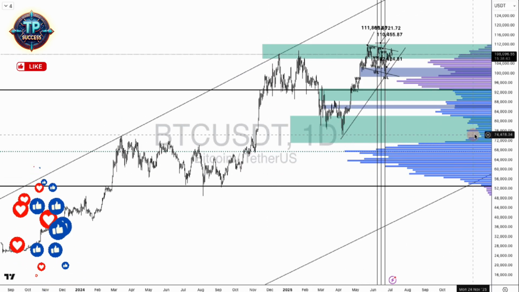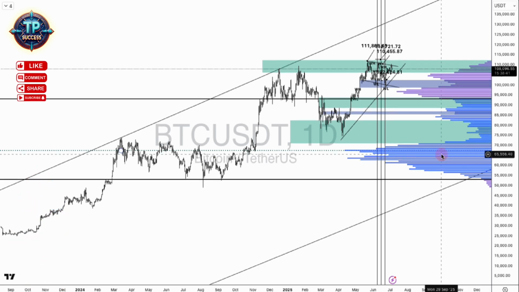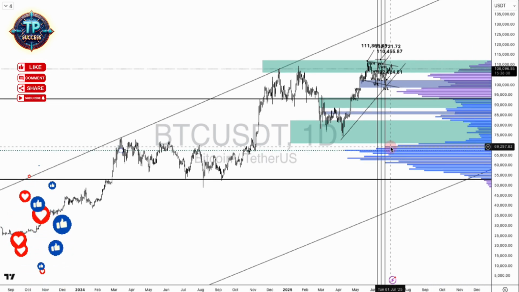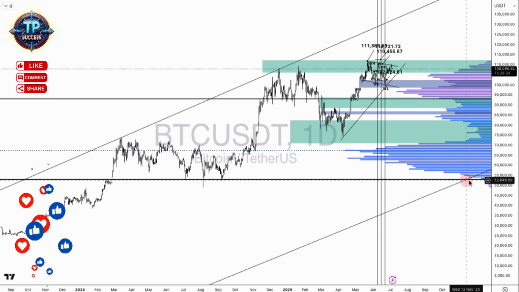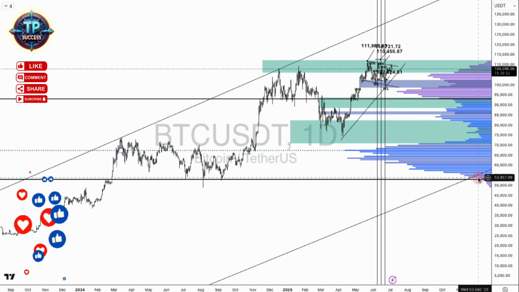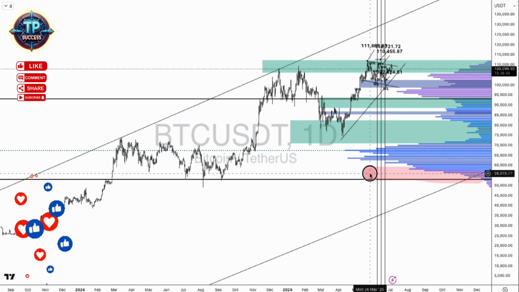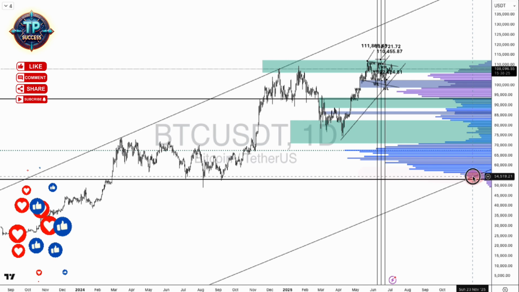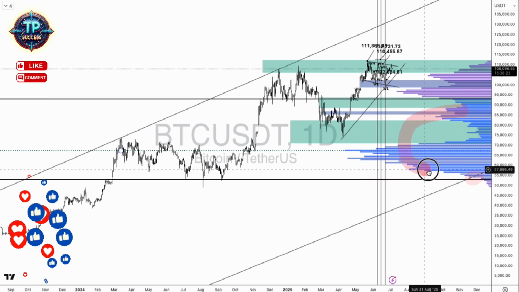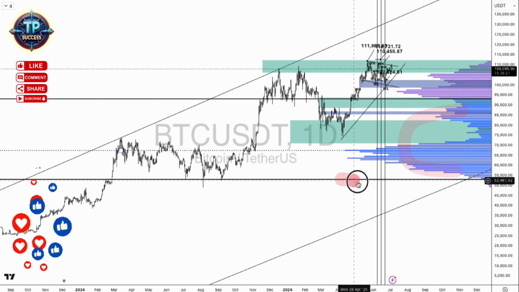Because like I say, based on what we're looking at now, if it turns out that we are wrong and that Bitcoin does want to come down, we should expect that it could want to come into this low value node area, okay, off the high value area. So low value node off the high value area, it will be right here.